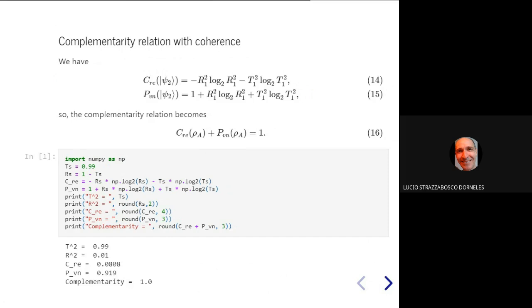Now, if we look at the transmission almost 1, close to 1, as we said before, we are going to find that the coherence is almost 0, as we expected, because coherence quantifies the visibility too, and predictability is close to 1. The complementarity relation, of course, is 1 because we have a pure state again.